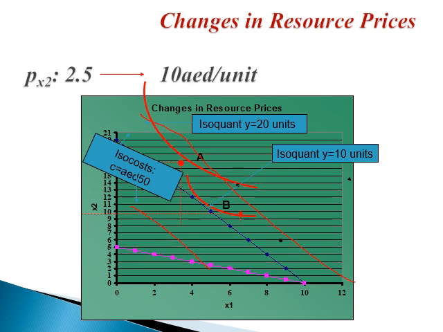And for Px2, you can either increase Px2 or decrease Px2, two other cases, so a total of 6 scenarios that you can show graphically. In all scenarios, the optimality condition is the same. Use the amount of x1 and x2 at which the slope of the isoquant is equal to the slope of the isocost line if you want to minimize your costs of production while producing the same level of output.